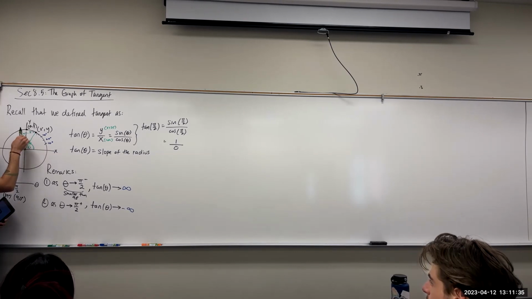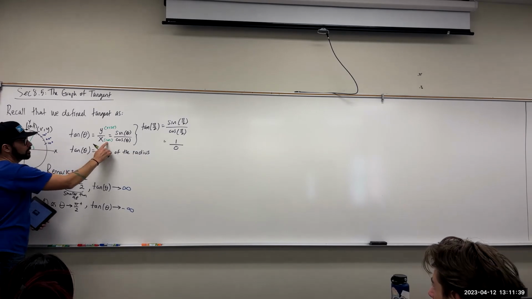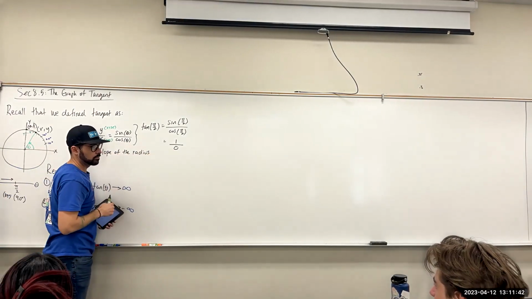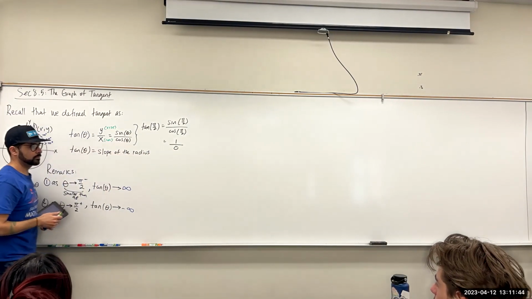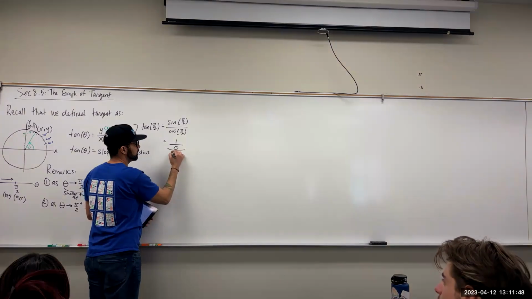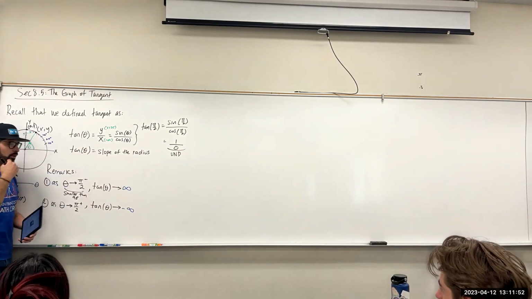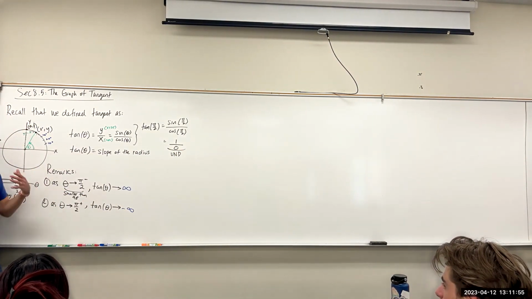But I can't look at the slope of a vertical line because on a vertical line, the run is going to be 0. Okay? Yeah, in this case, this is undefined. At pi over 2, it is undefined. But I'm preparing you guys for calculus type thinking.